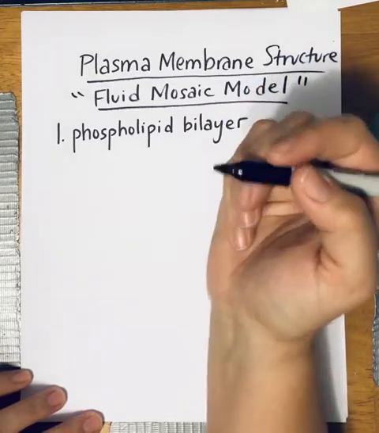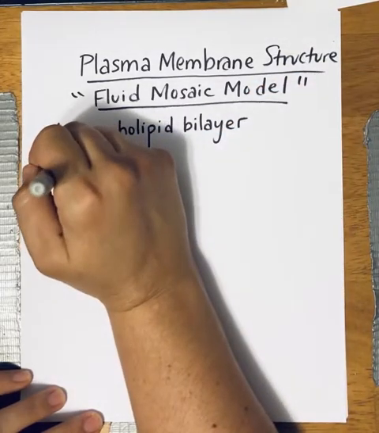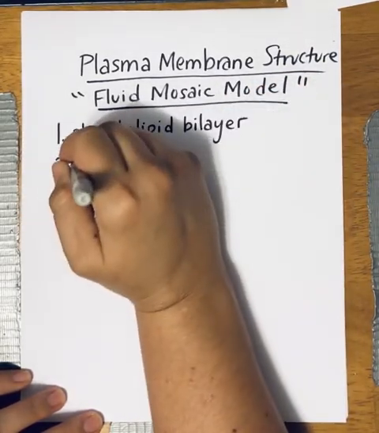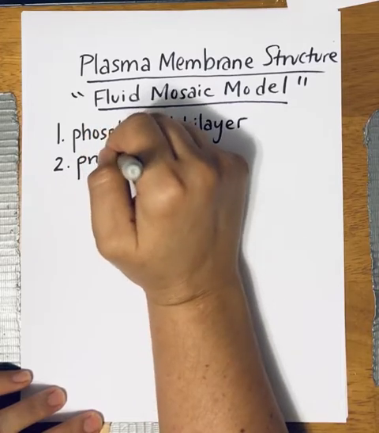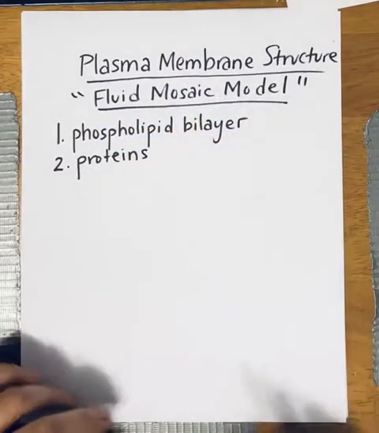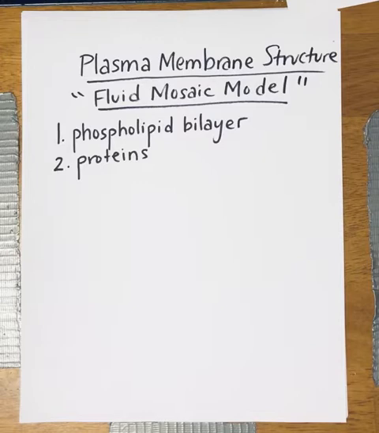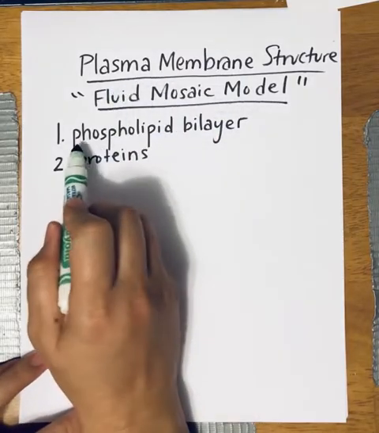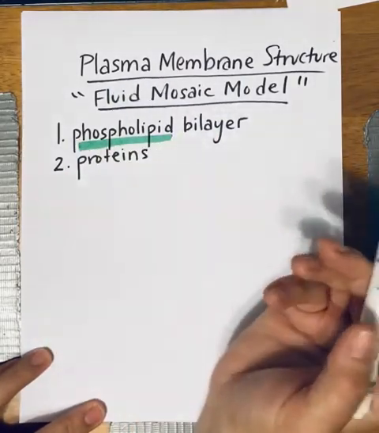Bilayer means 2 layers. The second thing that it's going to have is proteins. Now, before I draw out the fluid mosaic model, I want to go over phospholipids and then the proteins, and then we'll draw it all out together. So the first thing that we're going to talk about is the molecule phospholipids.